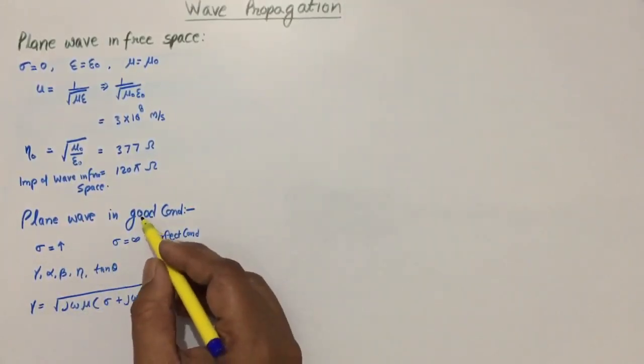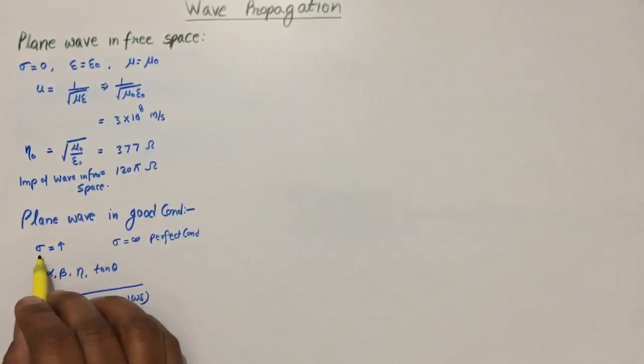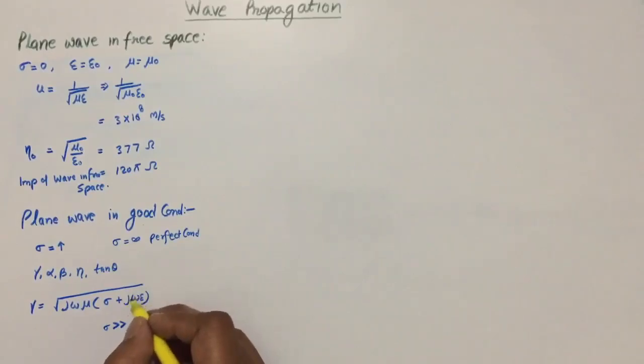Now if we are considering a good conductor, then the conductivity will be very high. And if this term is very high, it means sigma is much greater than omega epsilon, and then the omega epsilon term can be ignored in this additive term.